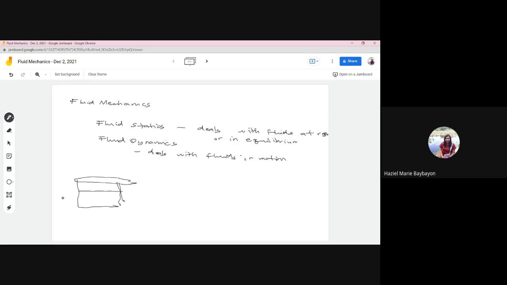So if we have fluid at rest, then we can have some physical quantities that are related to this one.